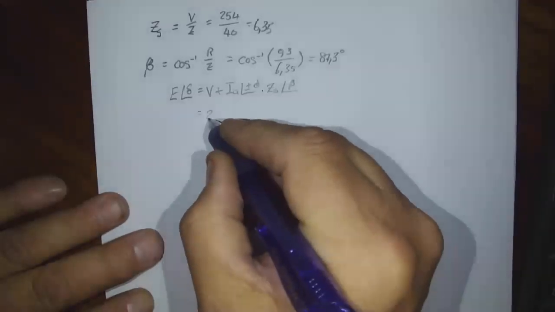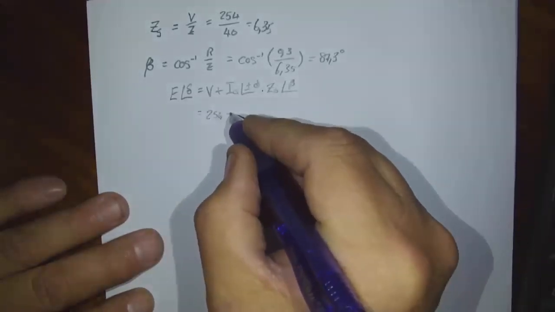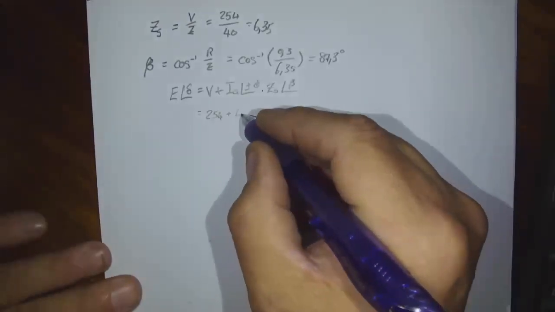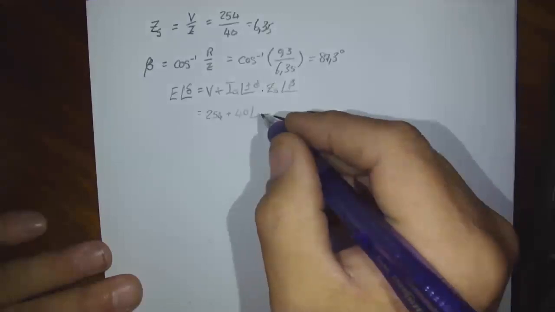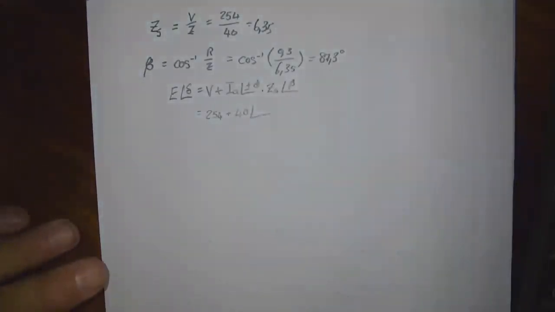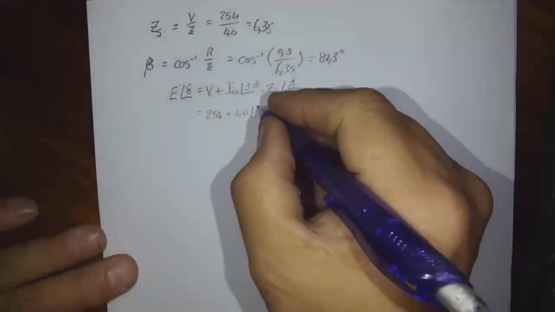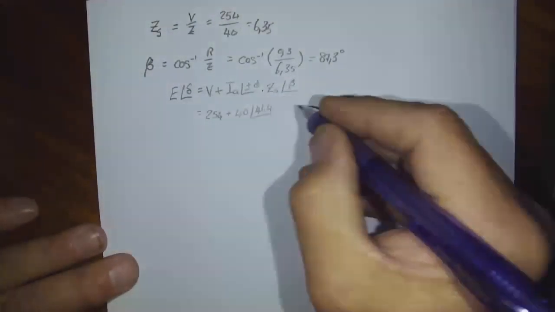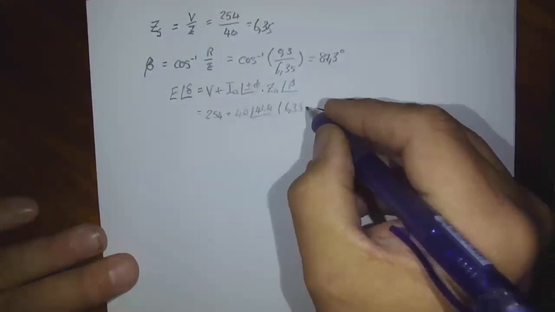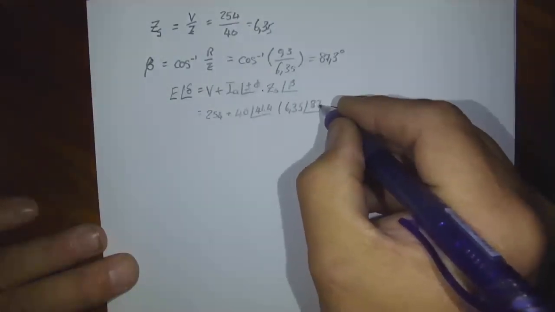So we have 254 plus, what was the current? 40 amps, at a leading power factor of 0.75, which was 41.4, times 6.35, an angle of 87.3.